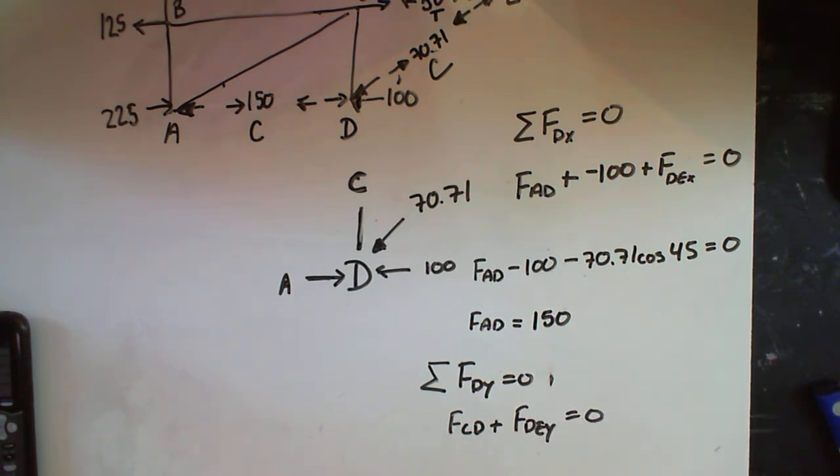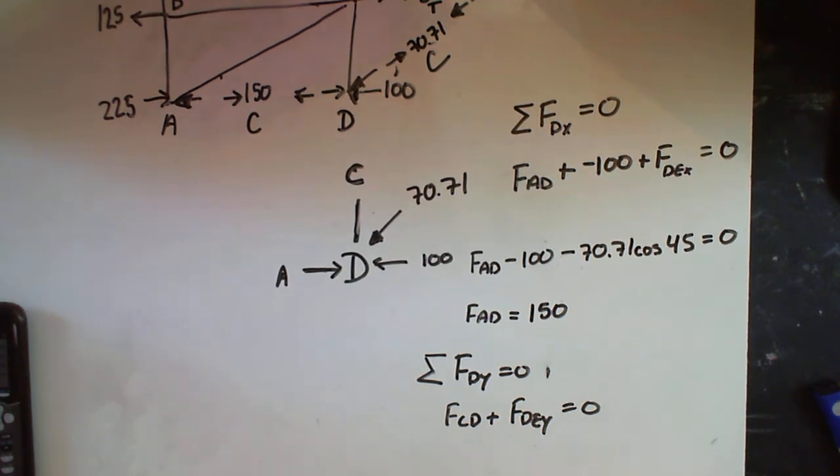Those are the only two vertical forces at work at node D. F of CD plus F of DE, which is 70.71. It is coming in down, so it is negative. F of DE is 70.71. Since we are talking about Y, we say sine 45.